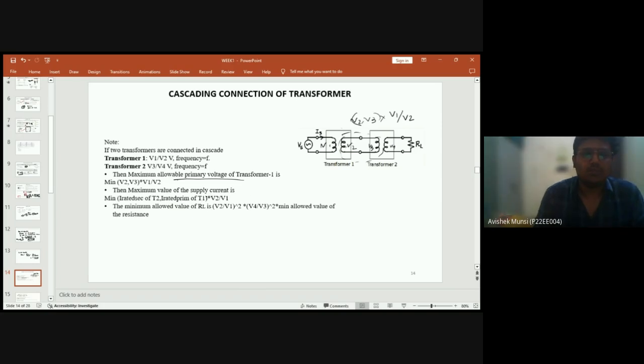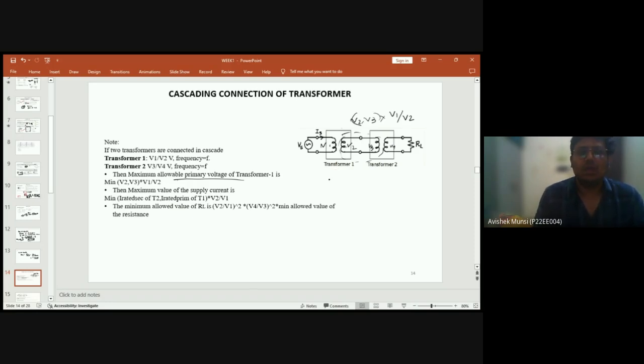Okay. If you are asked to calculate the supply current, then it is also the minimum of I rated of transformer 2 with the I rated of the primary of transformer 1 into V2 by V1. Since in case of the current, the turns ratio is reversed, so it is V2 by V1.